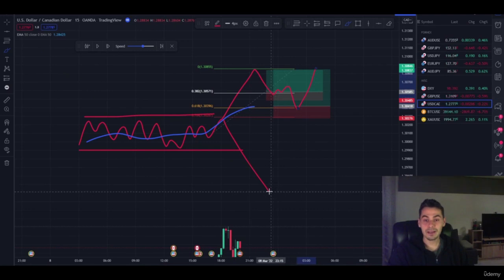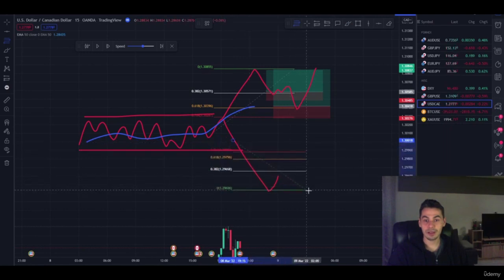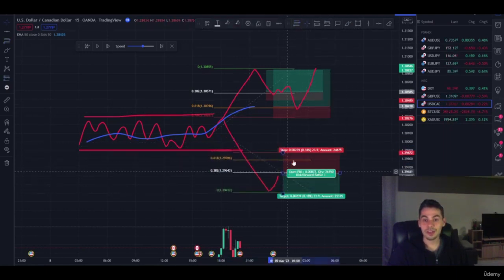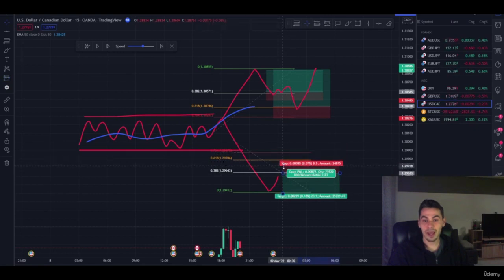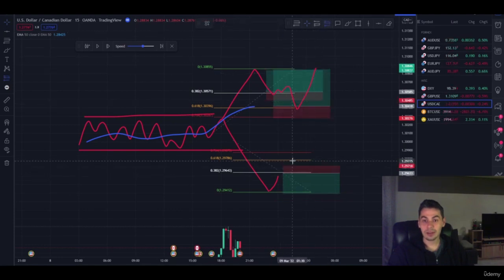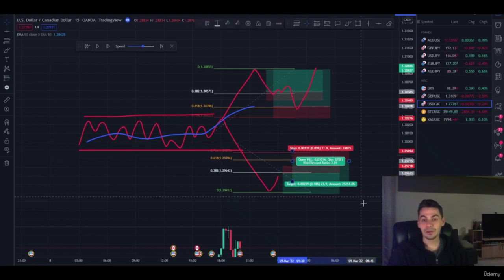Same thing applies if you have a retracement, if the price breaks to the downside. Let me just do this for the sake of the video as well. So in this case, you will have two short positions right here, stop loss halfway in between the 0.382 and the 0.618 level, and another position right here with the stop loss a few points above the 0.764 level.